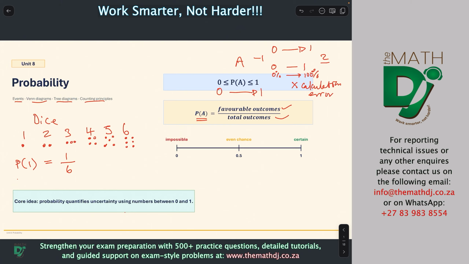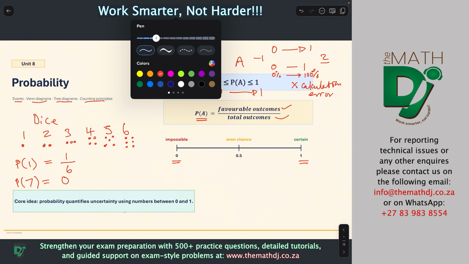Then we say what is the probability of getting a 7? It equals 0 because it's impossible. So 0 means impossible, 1 means certain, it is going to happen, then 0.5 is called an even chance.